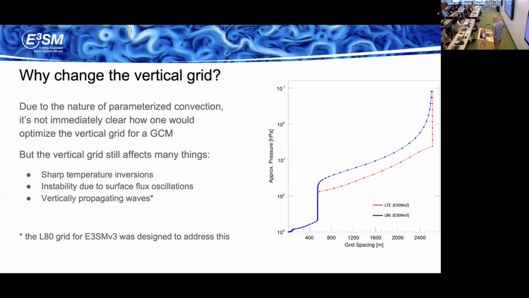So in V1 and V2, we've always had trouble with the QBO. And the QBO is driven by gravity waves. Partly that's due to convective scale gravity waves that are always going to be parameterized in a model like this, but also it's driven by synoptic gravity waves, like Kelvin waves and mixed Rossby gravity waves, which are the main contributors.